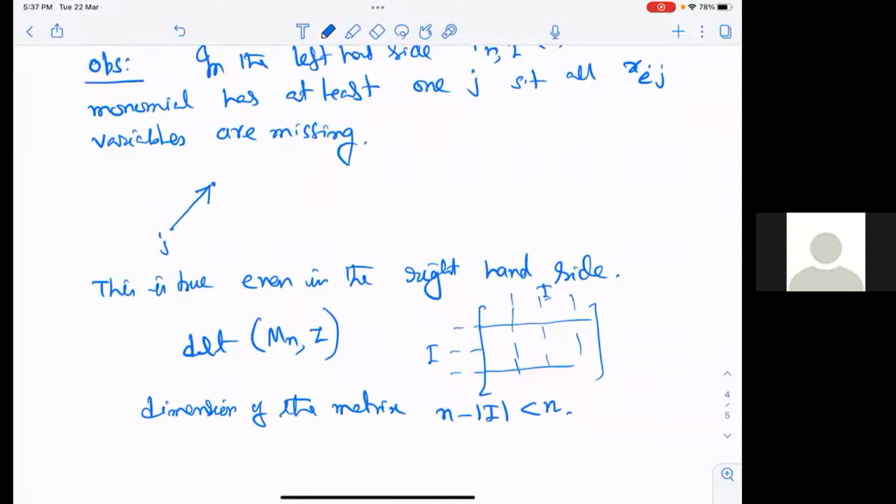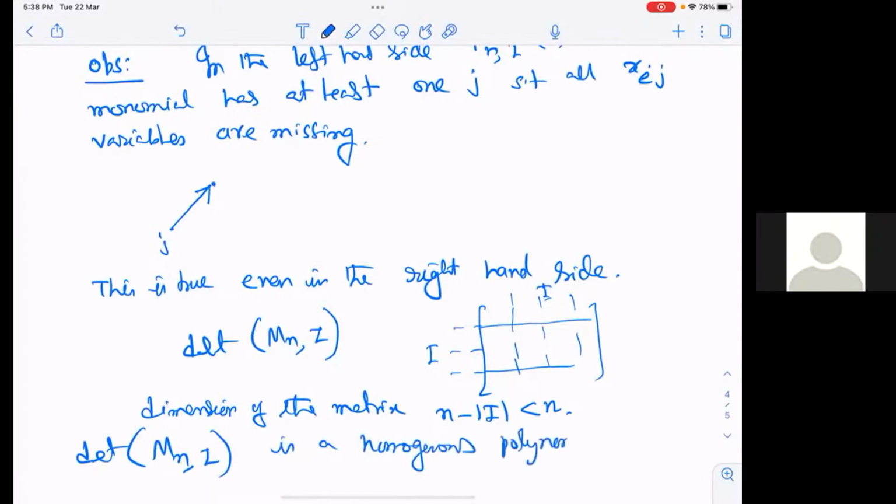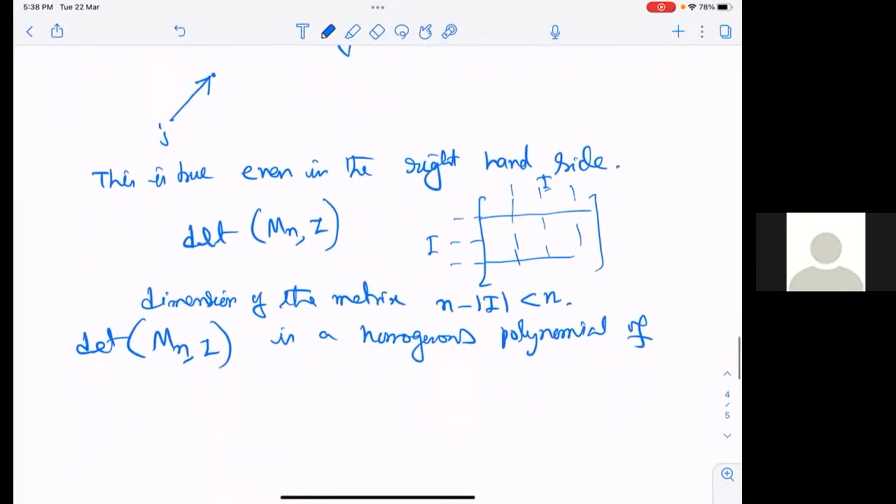Then if every j has some variable x_ij, then the degree of the terms in the right hand side will be at least n, right? So the determinant of M_n,I is a homogeneous polynomial. Homogeneous means every term has the same degree, equal to n minus |I|.